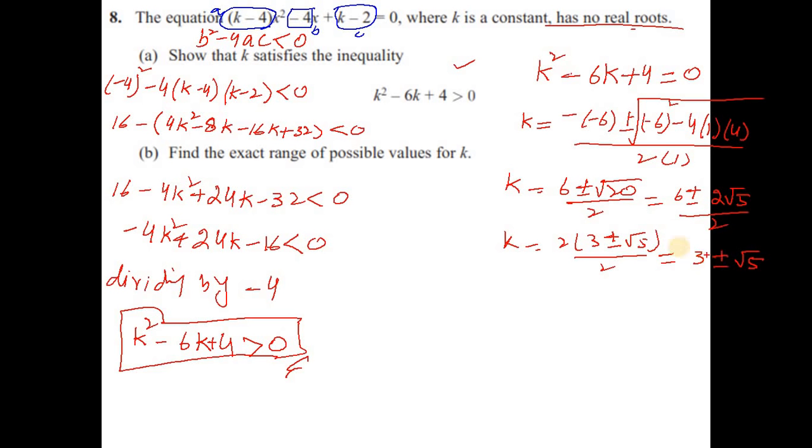And it's not a quadratic equation; in fact, it was given as an inequality. And in this case, what do we do? We choose a test point in the intervals.